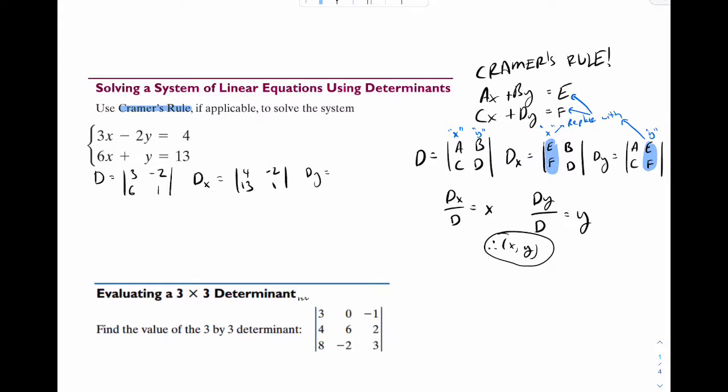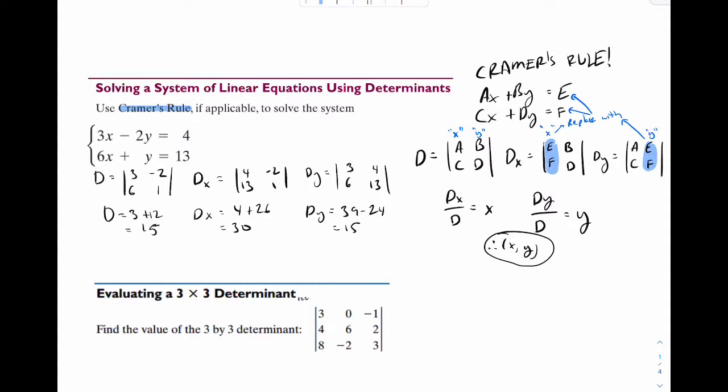D sub Y, you're going to change your Y column for 4, 13, leave the X column alone, 3 and 6. Now we calculate. So this is going to be 3 plus 12, which is 15. D sub X is 4 plus 26, which is 30. And D sub Y is 39 minus 24, which is 15.